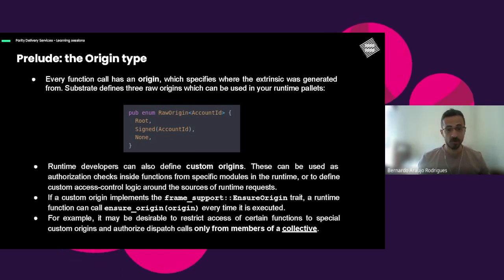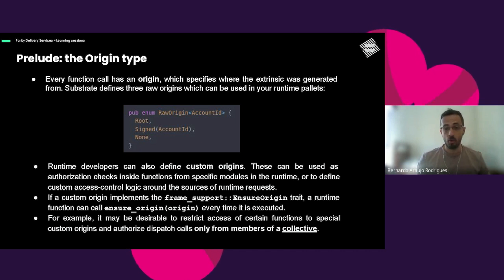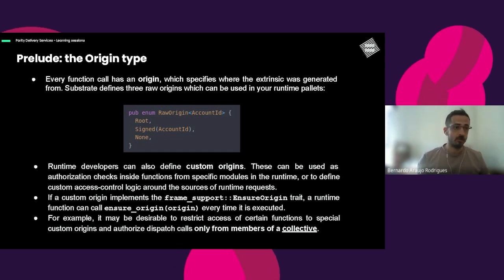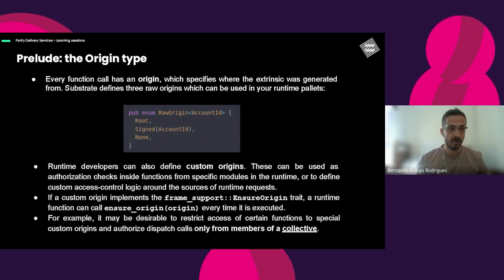So if a custom origin implements the EnsureOrigin trait that's coming from the frame support pallet, a runtime function can call the ensure origin function every time it's executed, and with that you're creating a method of access control for your function.